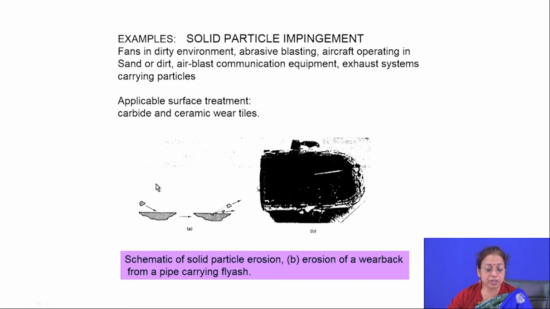Here basically you use the term energy instead of load, because each particle carries some energy which is equivalent to half m v squared, where m is the mass of the particle and v is the velocity of the particle. When a large number of particles impinge on the surface of the component, a lot of energy is carried by them.